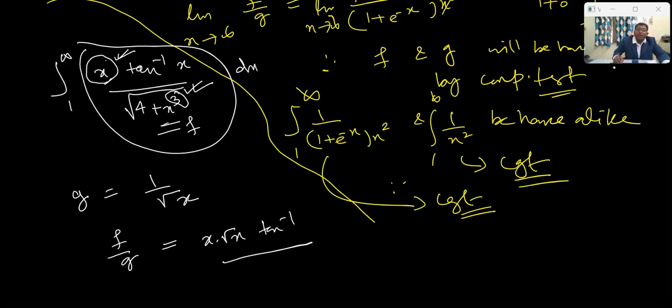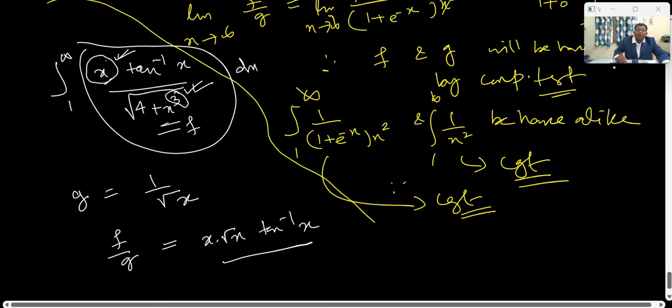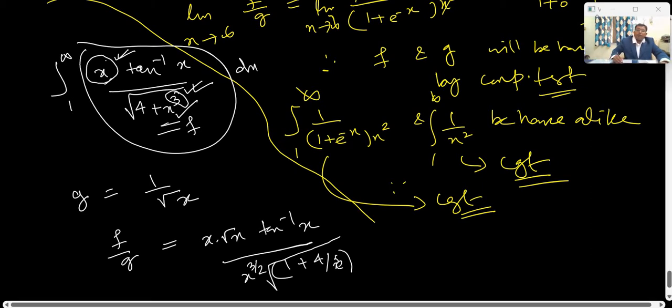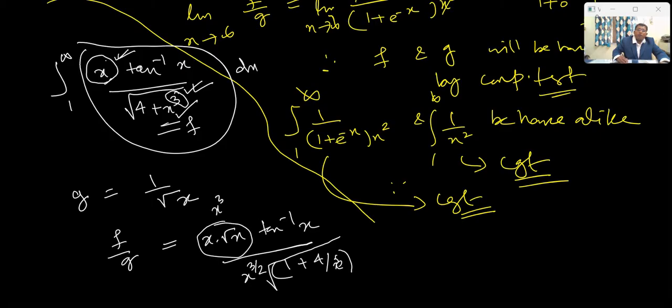In the denominator you take x to the power 3 by 2 common, and this will give you 1 and this will give you 4 by x to the power 3 under the root. Now x to the power 3 by 2 cancels with x to the power 3 by 2.